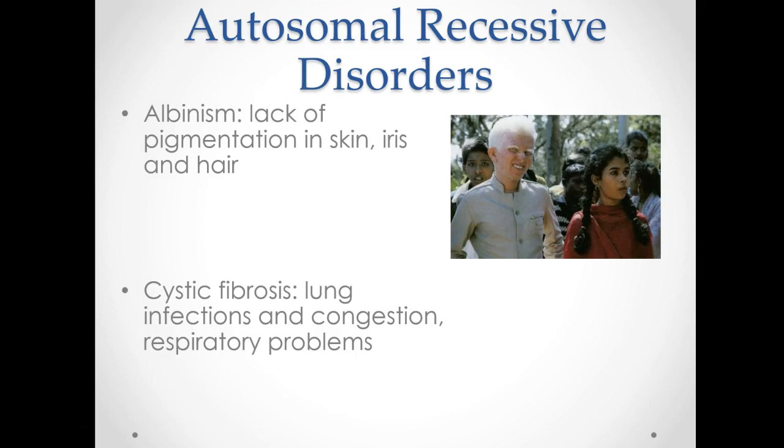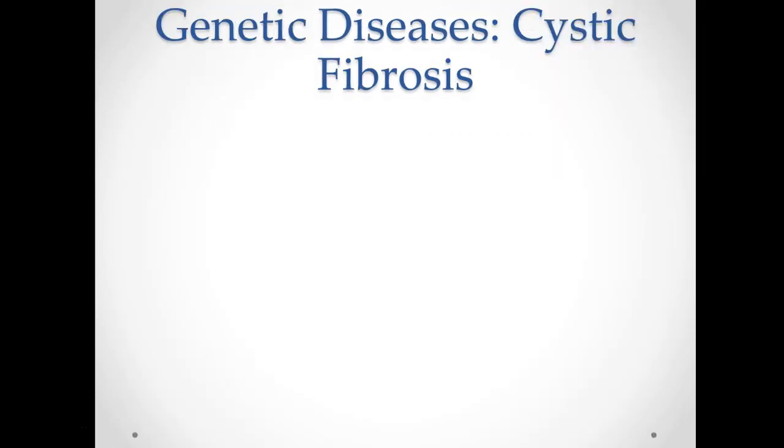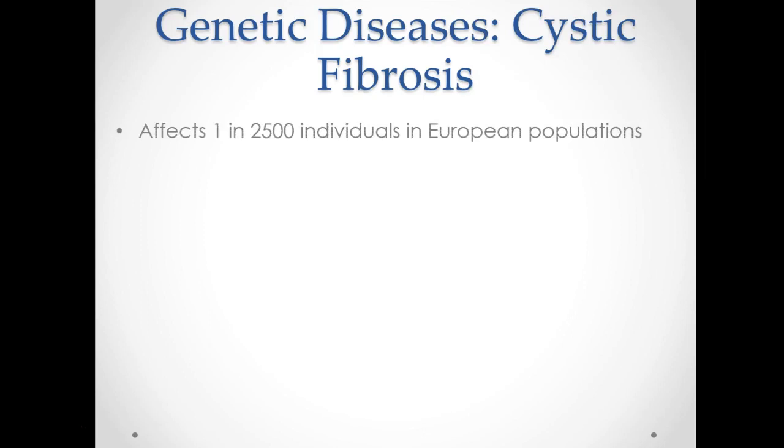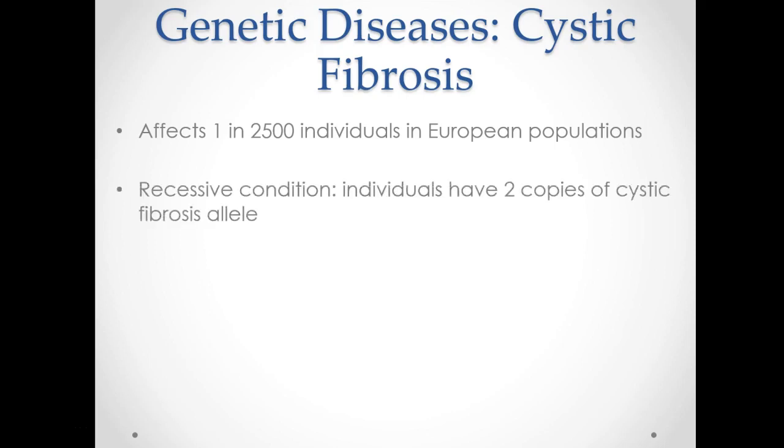They also suffer from digestive issues as well. So cystic fibrosis is not common, but it's not uncommon. It affects about 1 in 2,500 individuals in European populations. So that's where the allele, this mutation, I should say, started, in European populations.